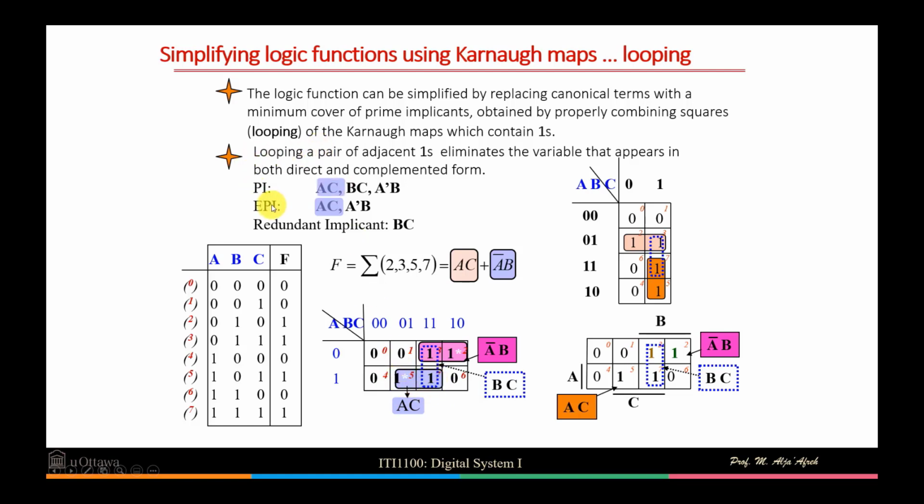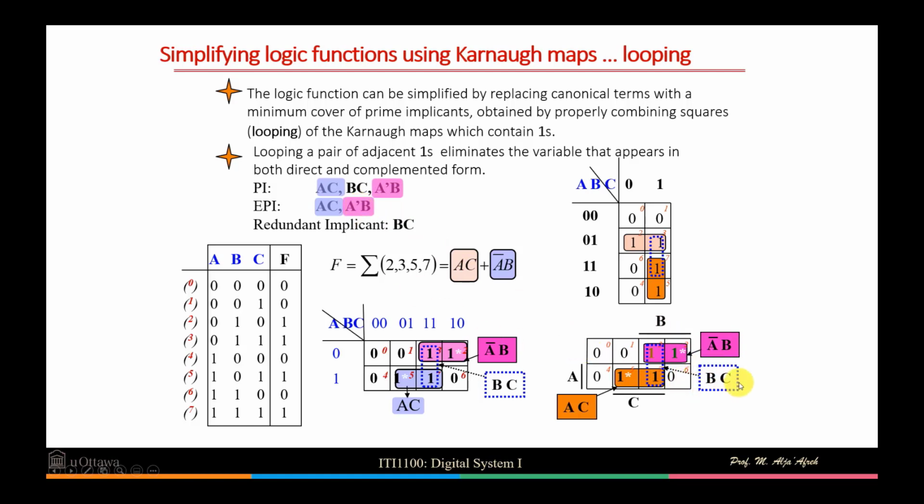And it's still a prime implicant, okay? And this one, guys, here, can only be grouped this way. As such, A prime B is an essential prime implicant as well as a prime implicant, okay?